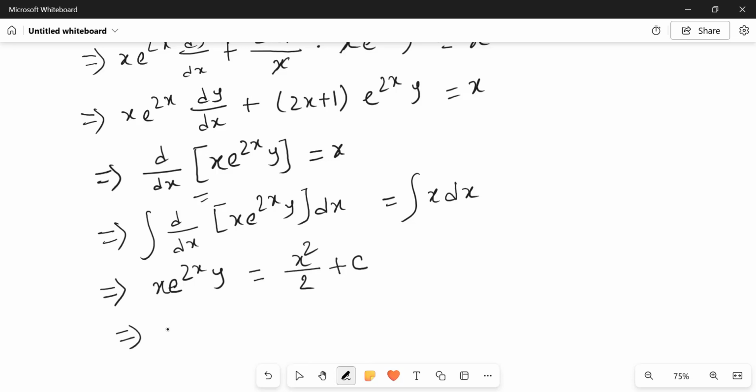Now if we divide both sides by x e to the power 2x, we get y equal to x divided by 2 e to the power minus 2x plus c times 1 by x e to the power 2x.